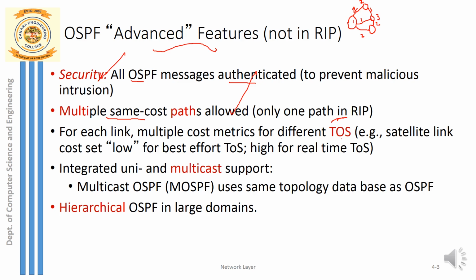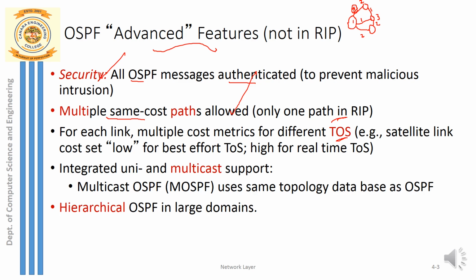Suppose I take this particular path, the cost is 2. Sometimes this path may be heavily loaded, with multiple packets sent here, so the link will be overburdened. In that case you can take the other path. The other path is nothing but this particular path with the same distance, which I can choose because this path is lightly loaded.